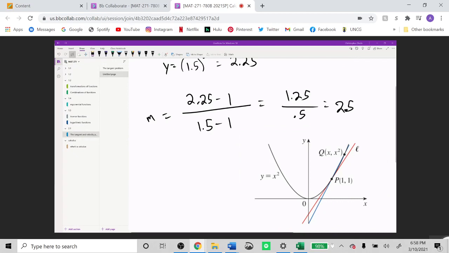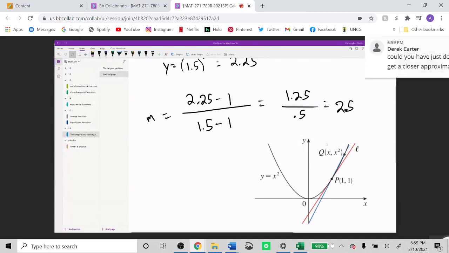So what we want to do here is, or rather, let me ask a question. Sorry, getting ahead of myself. How do you think I can end up getting the slope of this red line? I currently have an approximation of it.